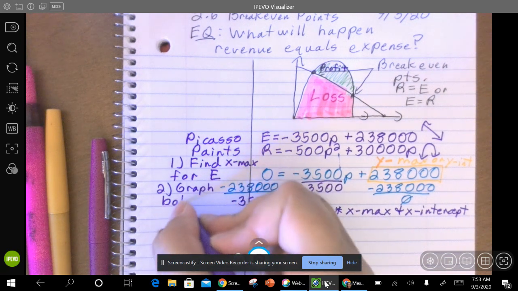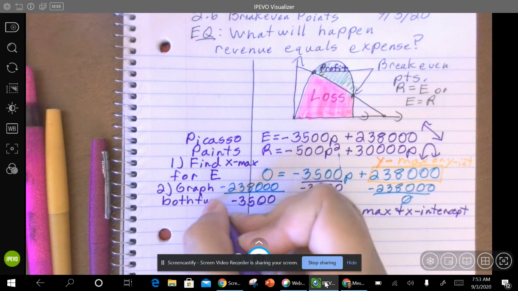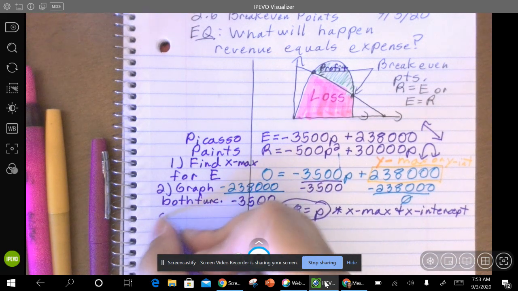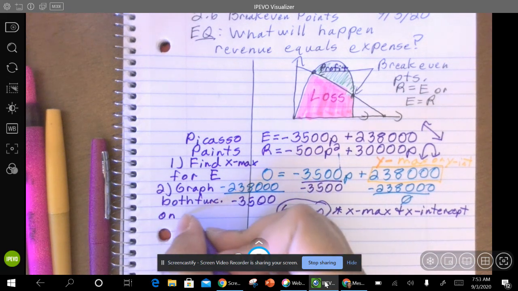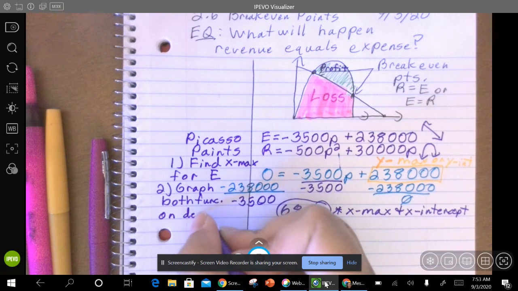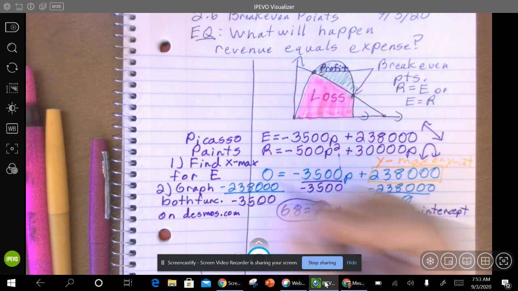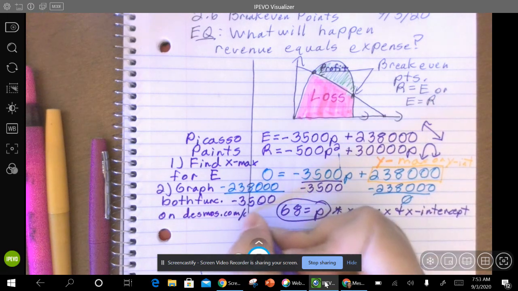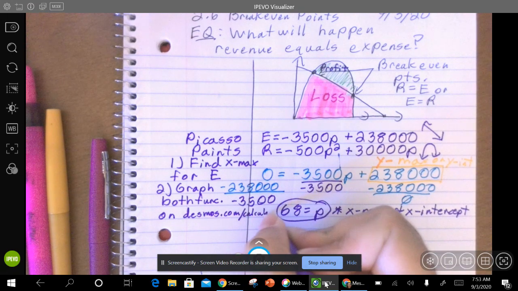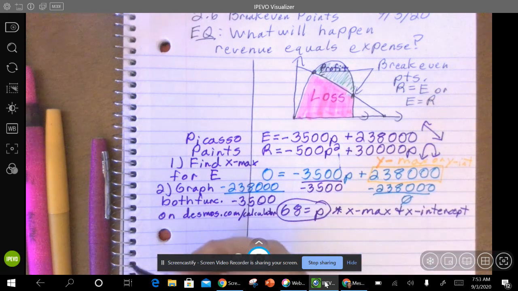We're going to graph both functions on decimals.com/calculator. Put all that on there.